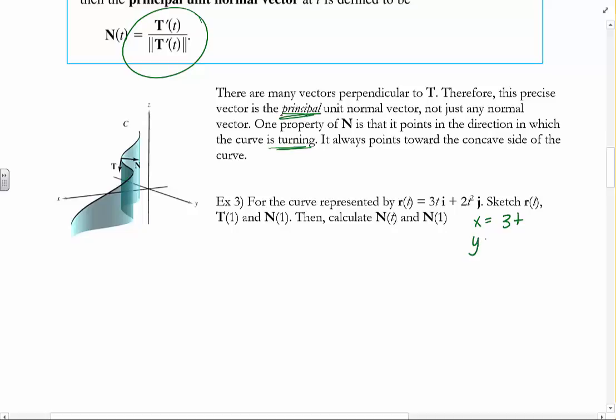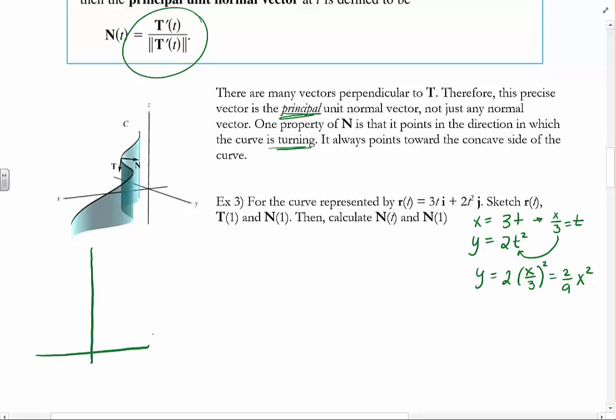So x equals 3t, y equals 2t squared, and that means x over 3 equals t, which means y equals 2 times (x over 3) squared, which is 2/9 x squared. So if I'm going to sketch that, 2/9 x squared is like a wide parabola here. So there's r.